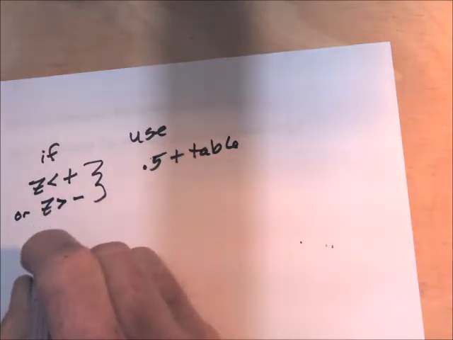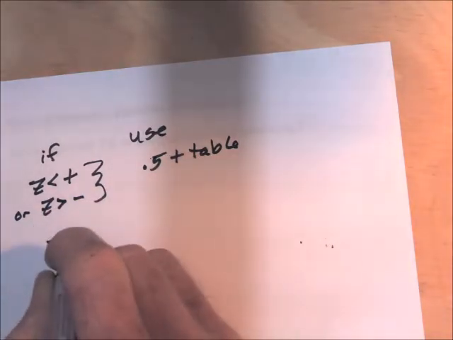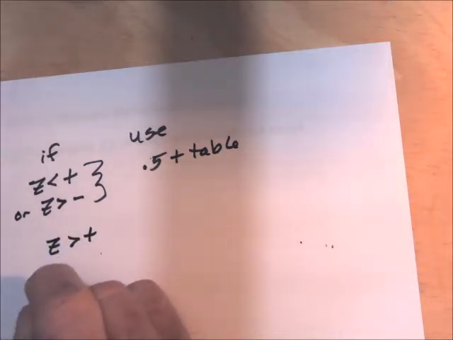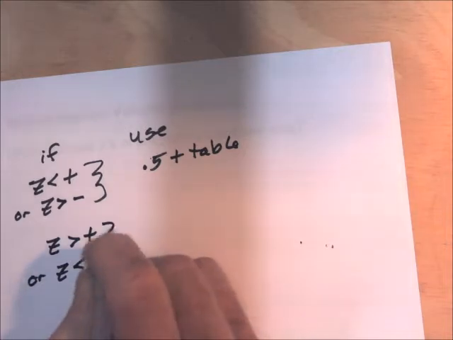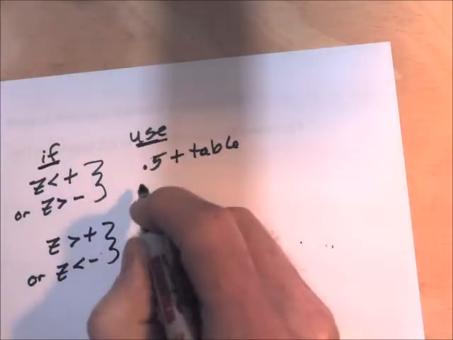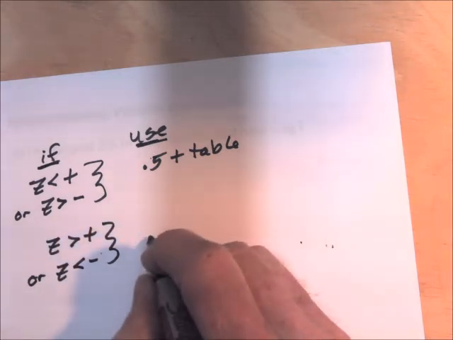If you have Z greater than a positive, or Z less than a negative, you want to use 0.5 minus the table.